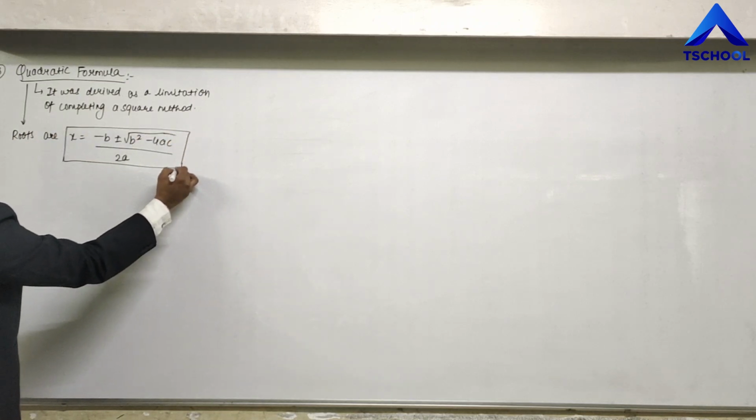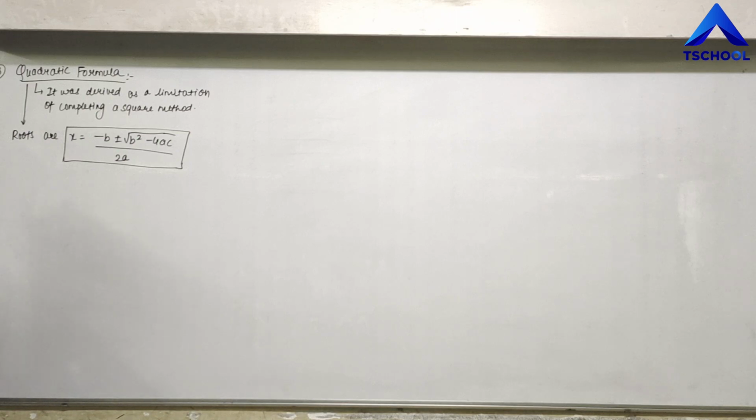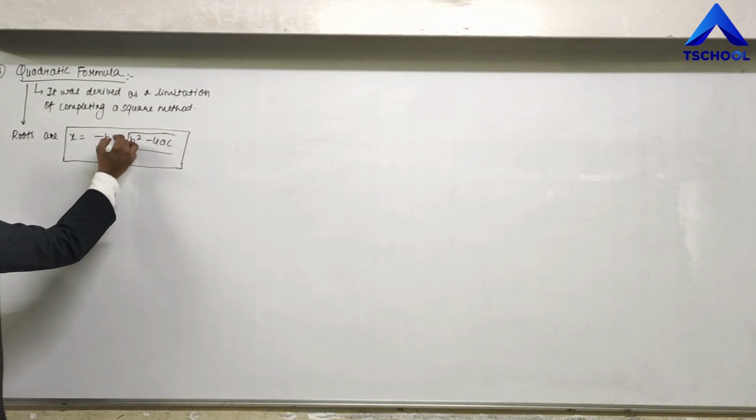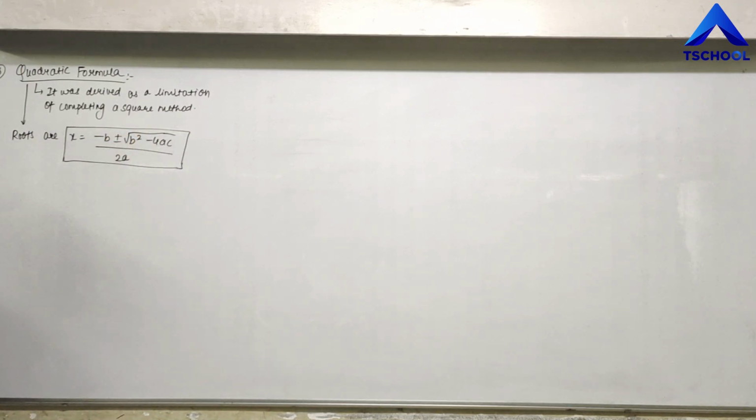So in this way you can find out the roots by this formula, that is minus b plus or minus root b square minus 4ac upon 2a.